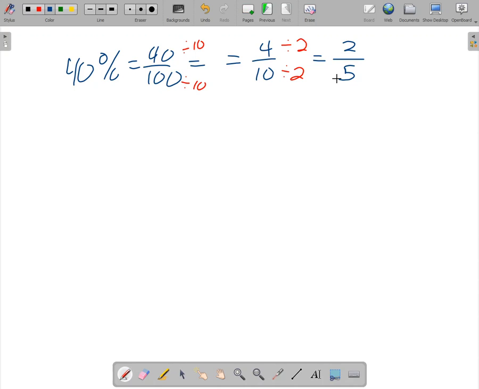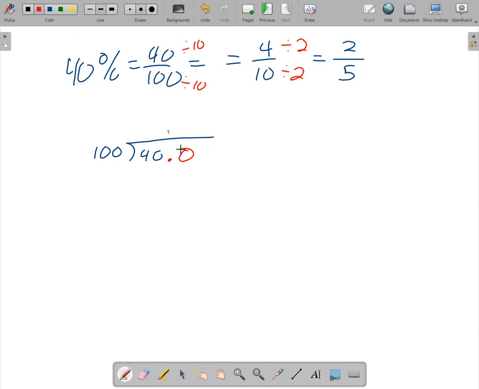The other way we can think about it is actually doing division, in which case we want to take 100 into 40. So does 100 go into 40? Our trick there is to put a decimal where it exists, write that decimal above, and then add a 0.